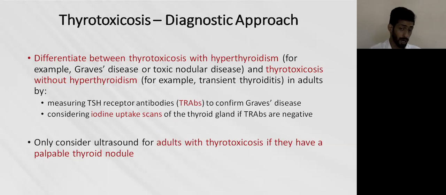So as per all recommendations, the first thing you should do is a TSH receptor antibody. If that is negative, only then do you really need to do an iodine uptake scan. But in our setting, we usually do both together. Now, in patients with thyrotoxicosis, who are the patients who need ultrasound? Only if they have a palpable thyroid nodule.